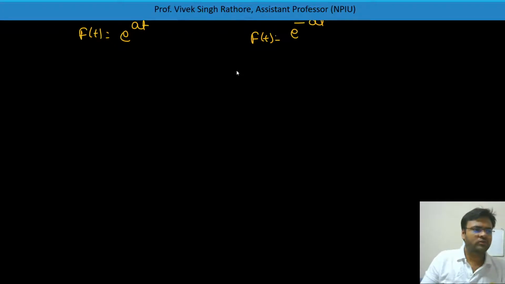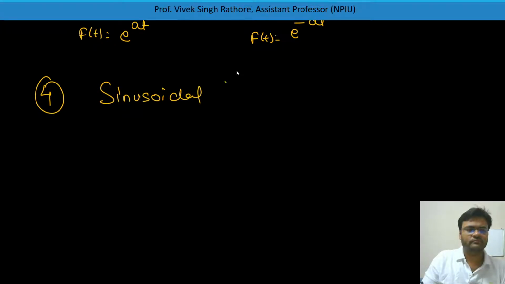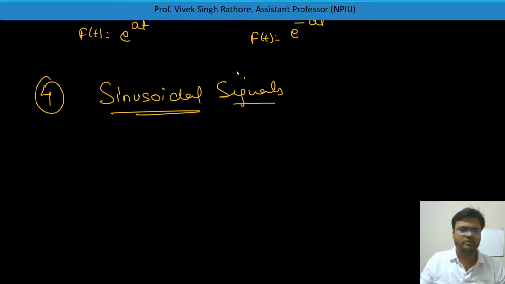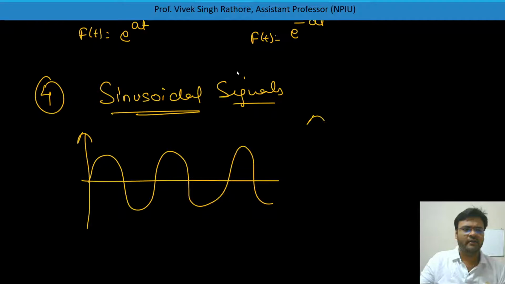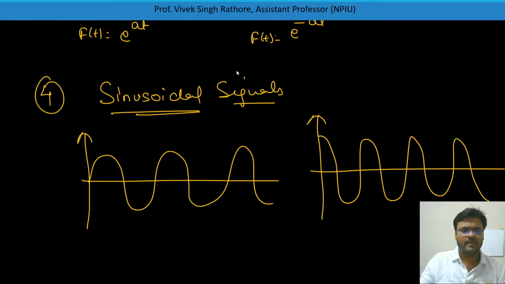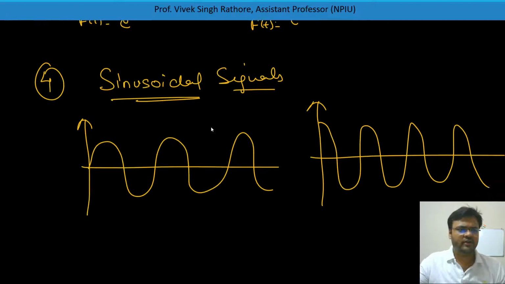Now fourth, we'll be seeing sinusoidal signals. Sinusoidal signals are sine and cos signals. Let's suppose here we see some sine signals, and there are some cosine signals also.